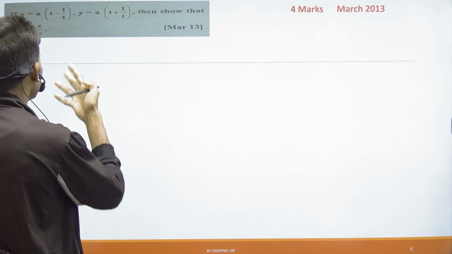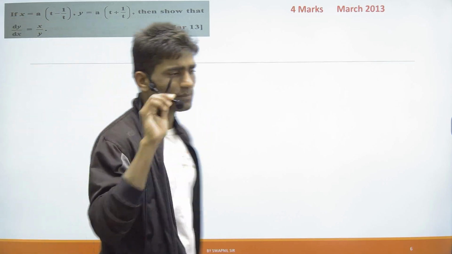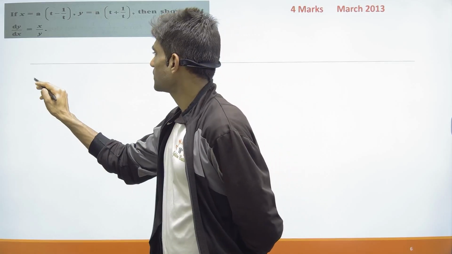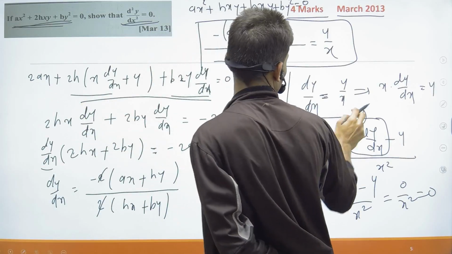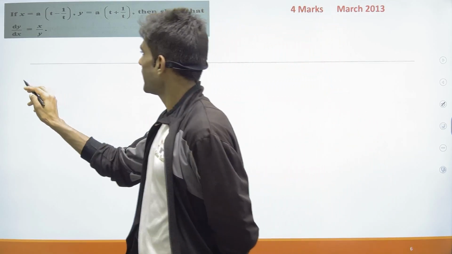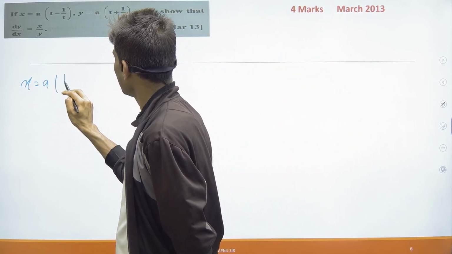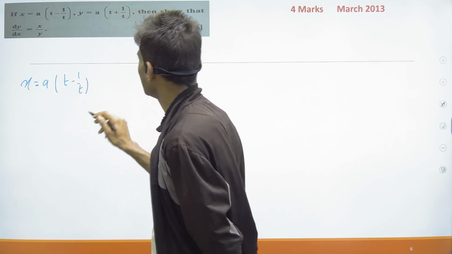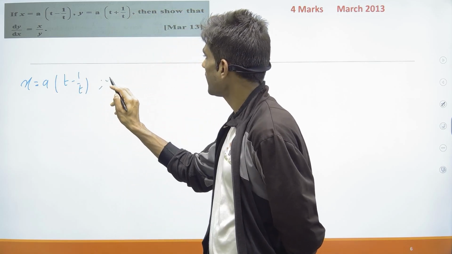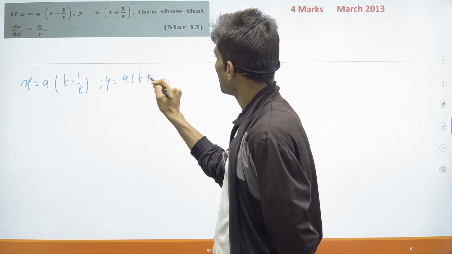If you go through direct differentiation of dy by dx, let me explain what we need to do. We have x equal to a into (t minus 1 by t). This is the value for x, and the value for y is equal to a into (t plus 1 by t).